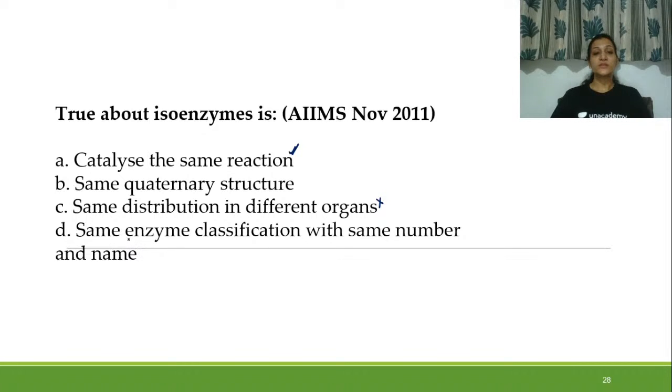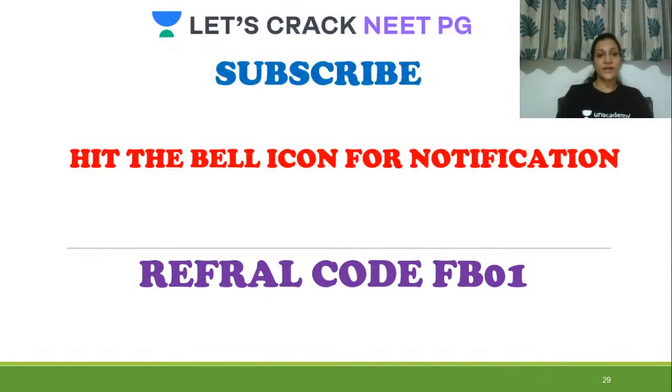No. The thing true about isoenzymes is they catalyze the same reaction, and they cannot share the same quaternary structure because they show different electrophoretic mobility. So the only option which is true amongst all is that they catalyze the same reaction, right?